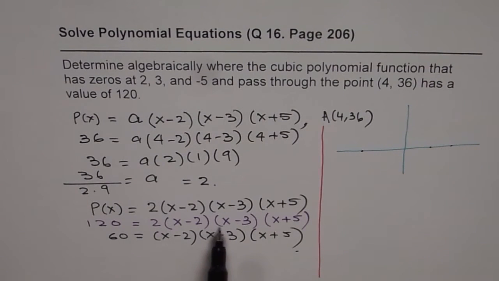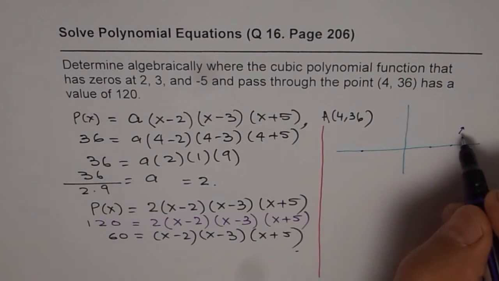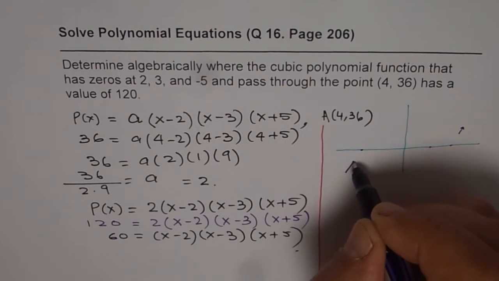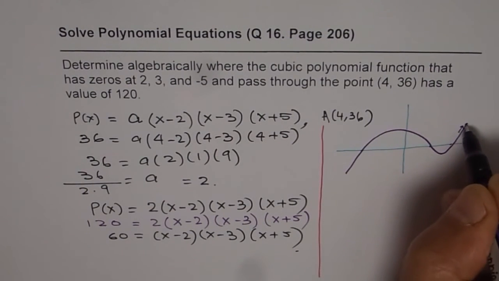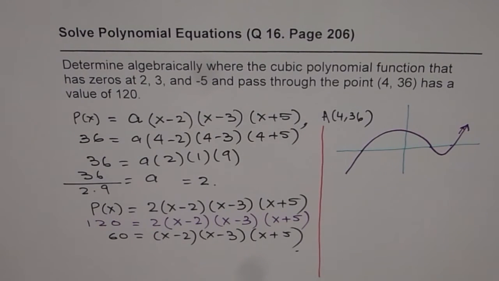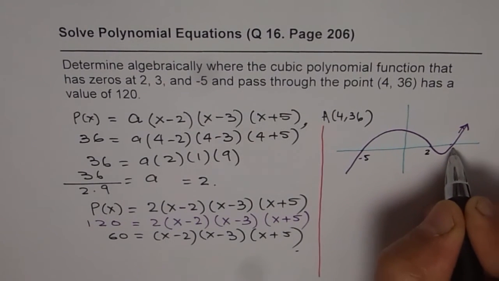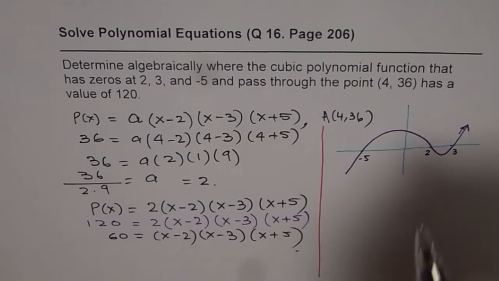Now we have this equation, and the leading coefficient is positive, so the right side is up. So our graph should go kind of like this. Let me just connect it like this. Okay, that is our graph for the function. So the zeros are at -5, 2 and 3. We are also given that at 4 it is 36.